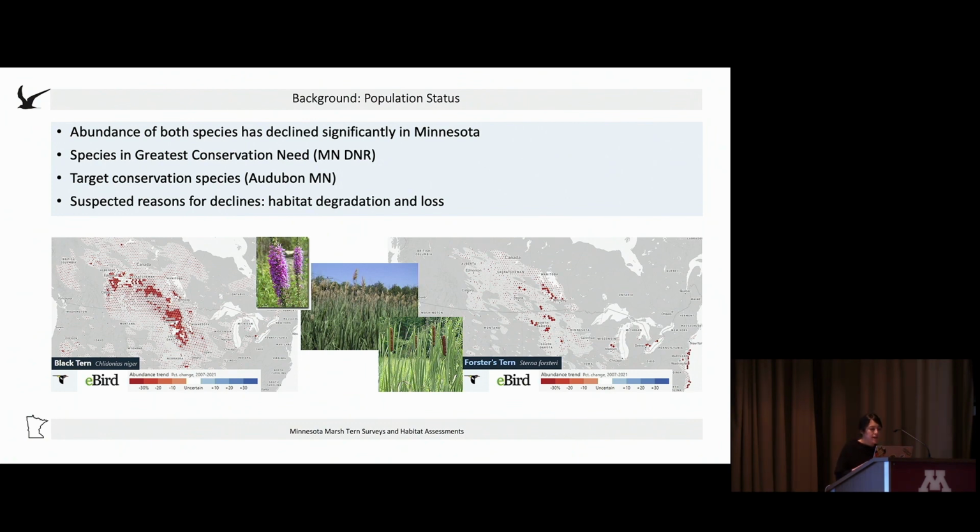You can see that for both species, the abundance has been declining in Minnesota. Because of this, these species are listed as greatest conservation need by Minnesota DNR, or target conservation species by Audubon. And some of the reasons that their abundance is believed to be declining are changes in habitat availability and condition as well.